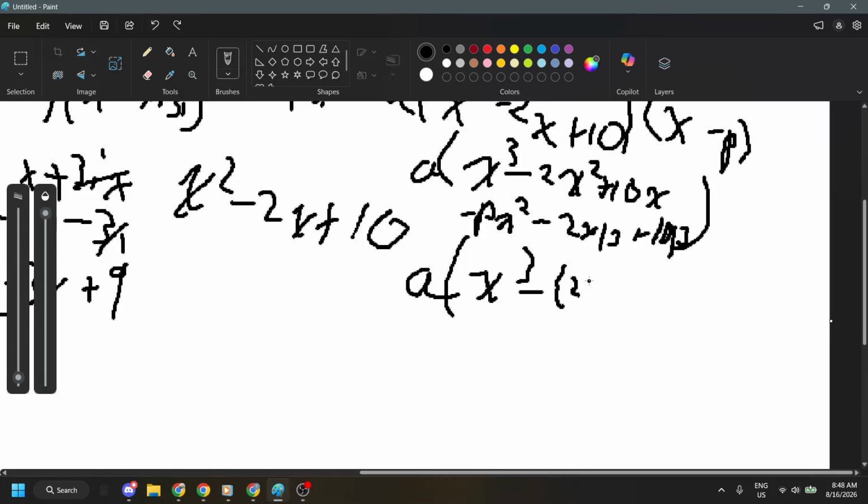Minus 2 plus p x squared plus 10 minus 2p x plus 10p.